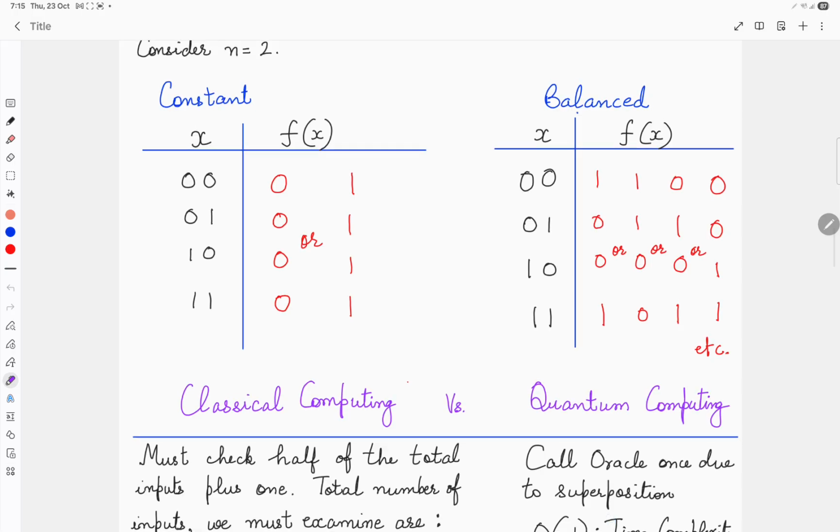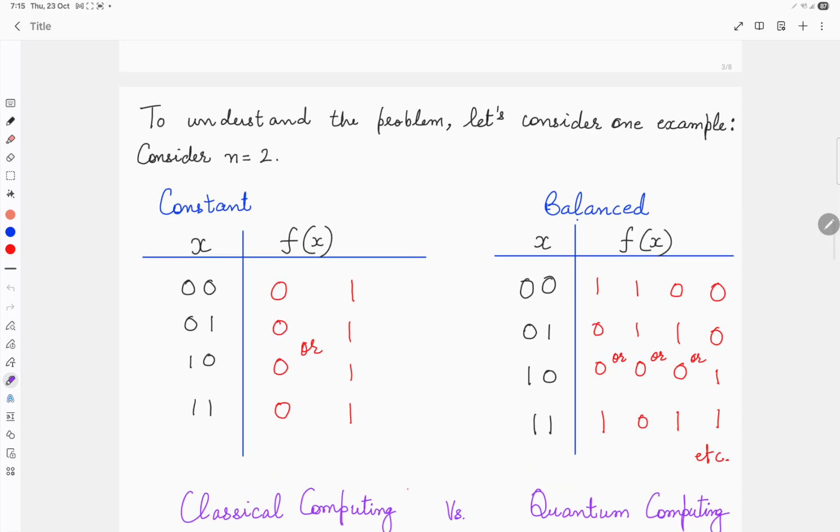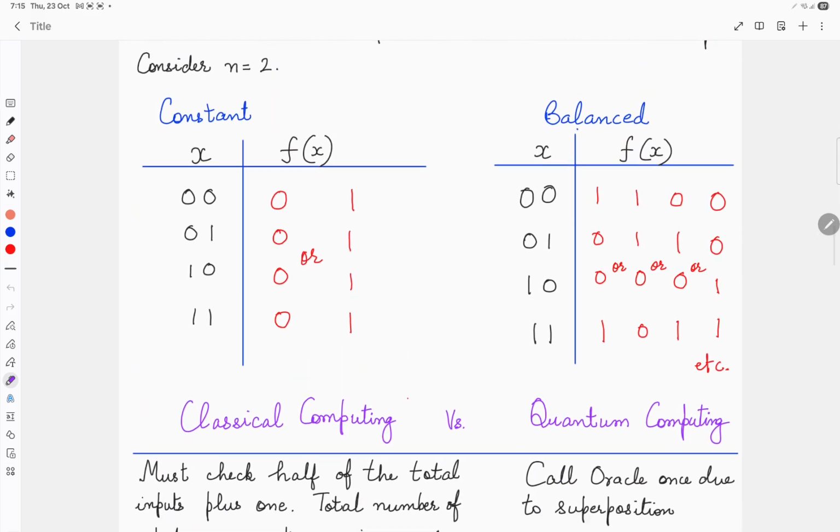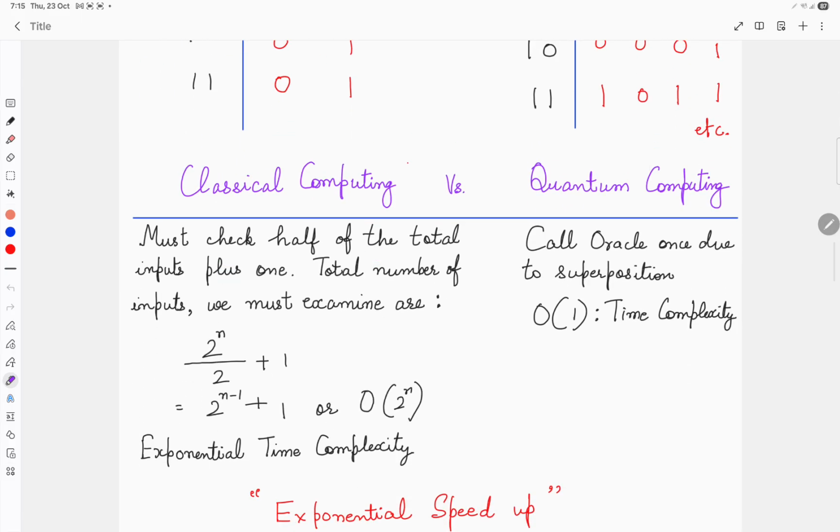Now if we want to know the status of this function through classical means, we must check half of the total inputs, right?